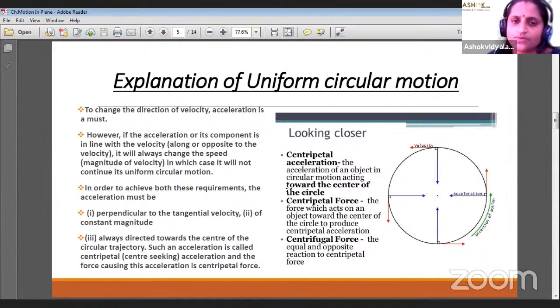There are two types of forces, centripetal force and centrifugal force. Centripetal force is the force directed towards the center of the circle, and centrifugal force is directed away from the center of the circle. For uniform circular motion, the centripetal force is necessary.